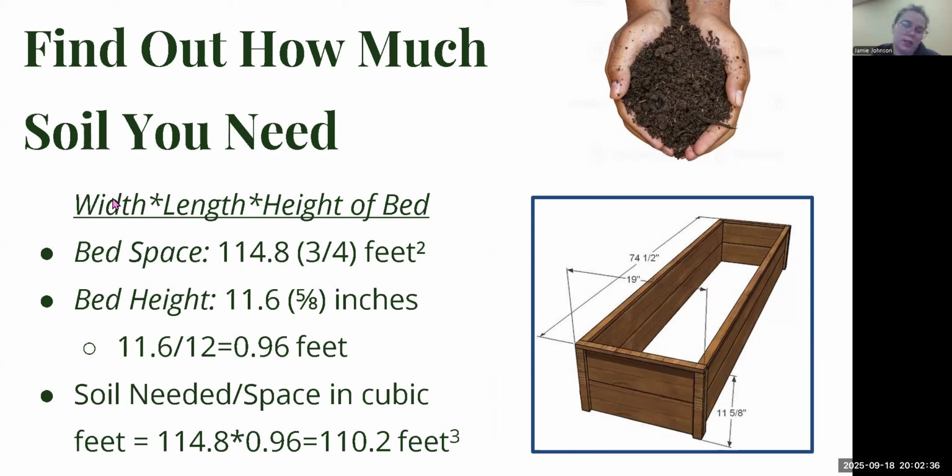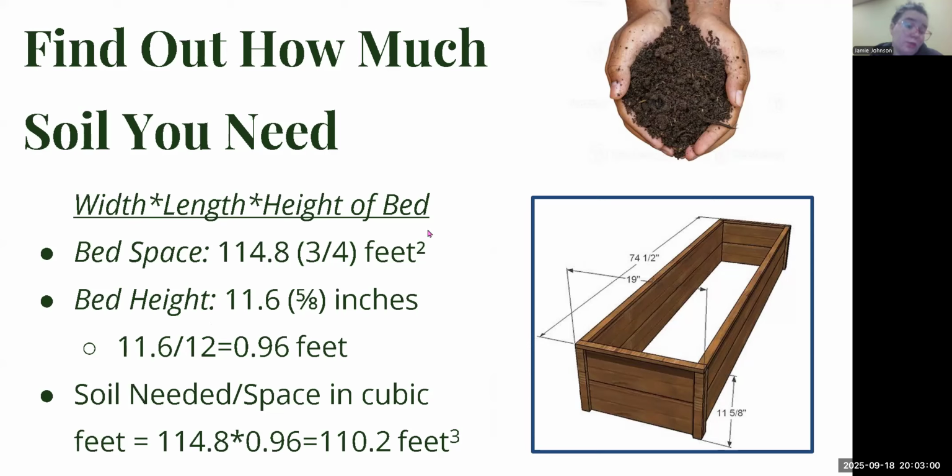So we've already done the width times length. And if we use this example specifically for the bed spacing, we are 11 and 5/8 inches tall. If you do that conversion into decimals, it is 11.6 inches tall.